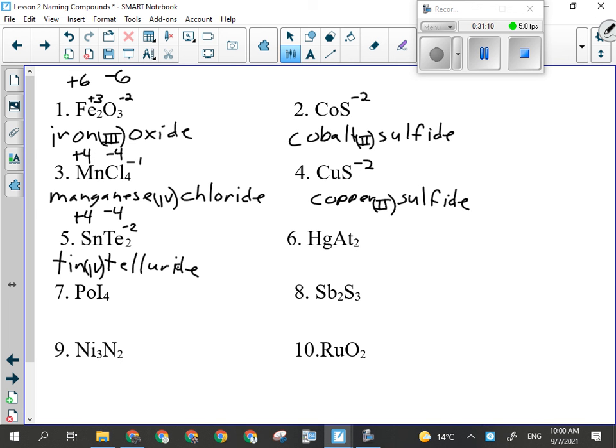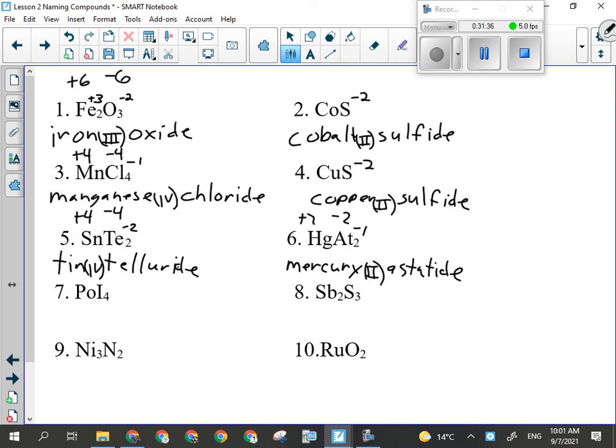All right, so we've got Hg, which is mercury for number 6, and astatine, so astatide. Now, astatine is a -1 charge, so that means there's 2 negative charges. So this is the mercury with the 2+ charge on it. So mercury 2, and it can also be a 1.